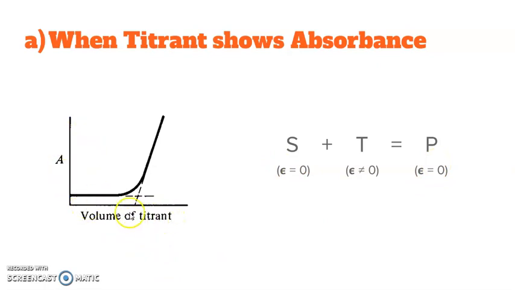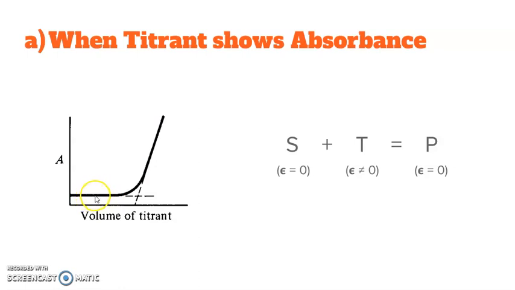So it is absorbance versus the volume of titrant. I would like to show this first half of the curve, where we actually start with the titration, and you can see I'm adding the titrant, and that titrant is reacting with the substrate. To remind you, the substrate does not have any absorbance, whereas the titrant does.